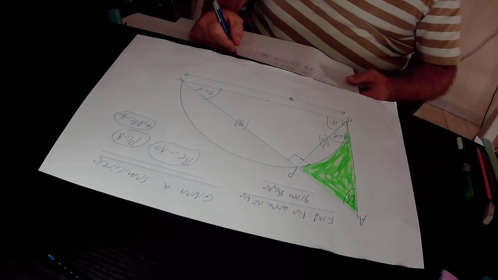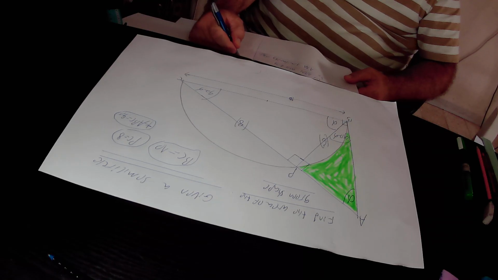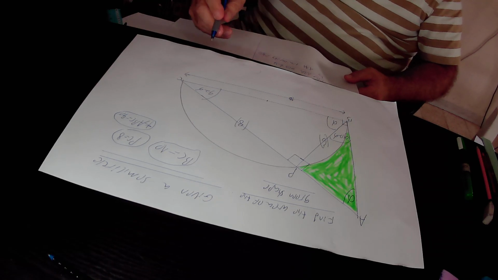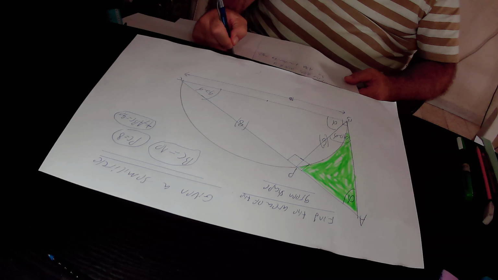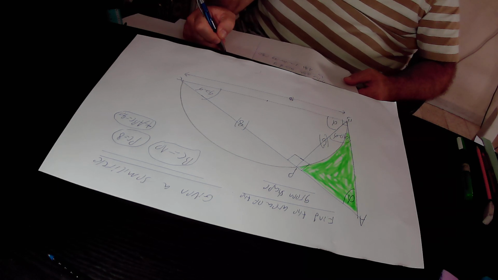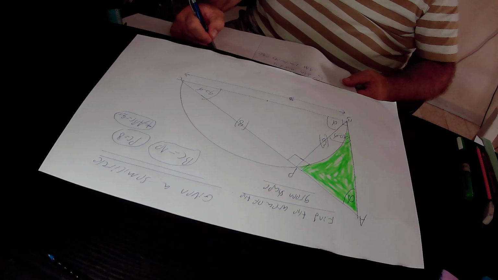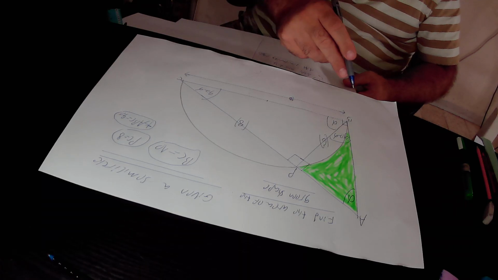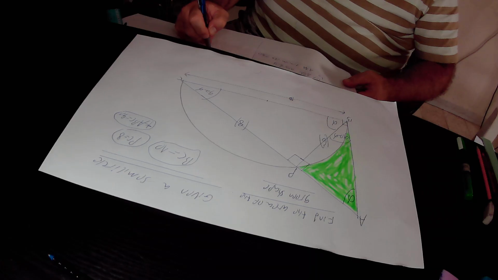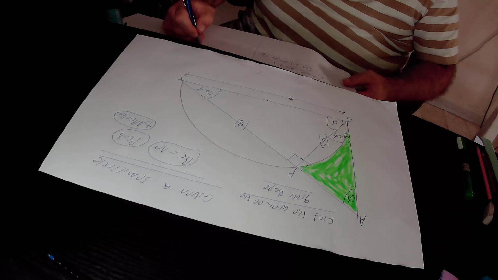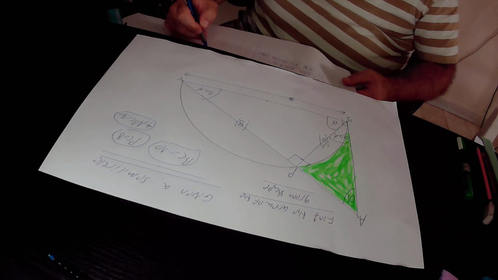AB is the missing side, so leave it as it is, over BC. BC is 10, according to what is given in the question, and it is equal to AP. AP is the missing side, so we leave it as it is, over PB. PB is 6, and it is equal to PB, which is 6, over PC. PC is 8.